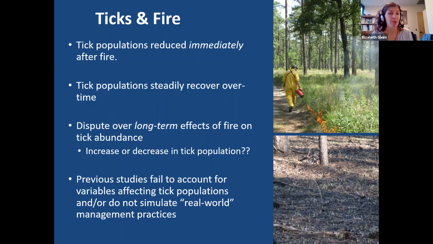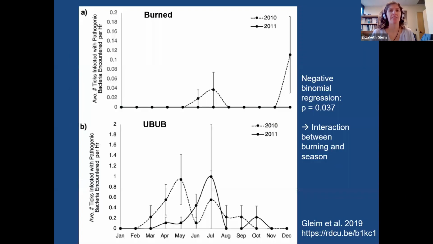Or they were unburned. And if I say unburned, I mean that they were unburned for a minimum of 10 years. And we went in and we collected ticks in those different sites for 2 years straight on a monthly basis. We ended up collecting just shy of 50,000 ticks. And we also tested them for pathogens.